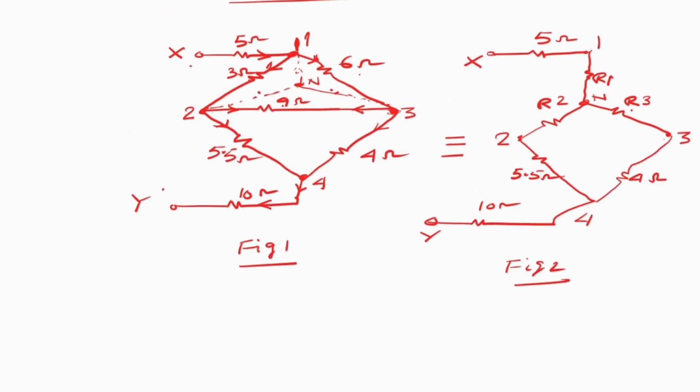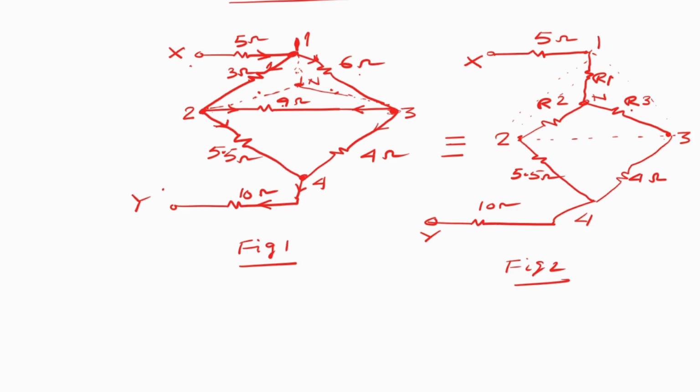For this simplicity, you may join the previous delta values: terminal 1 to terminal 2, terminal 2 to terminal 3, and terminal 3 to terminal 1, in this direction. So three connections, three resistors, are removed here.